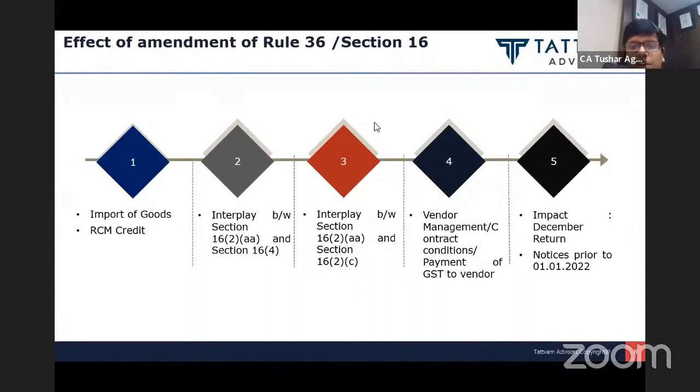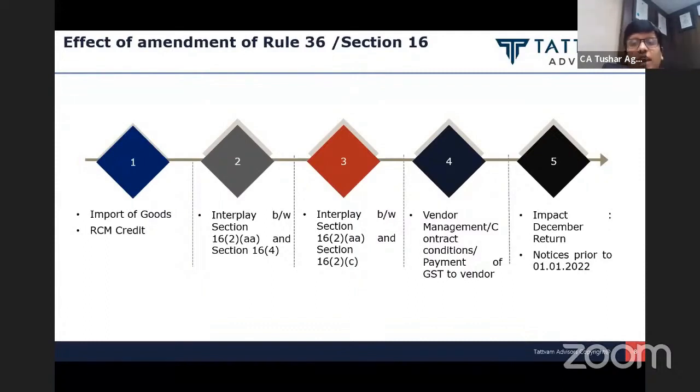Hence, we need to make sure that all our purchase orders, all our contracts entered with the vendors, clearly mention the terms related to GST. They clearly mention that the vendor is required to comply with all the provisions of GST, including timely uploading of invoices, including issuance of e-invoice, and so on.